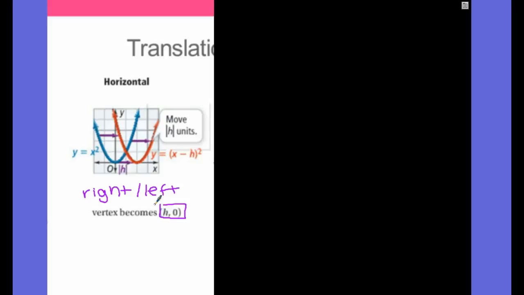So if it's only moved horizontally, the vertex will be h, 0. And the equation would be y equals (x minus h) squared. There would be no k or a, because the only movement is left or right.